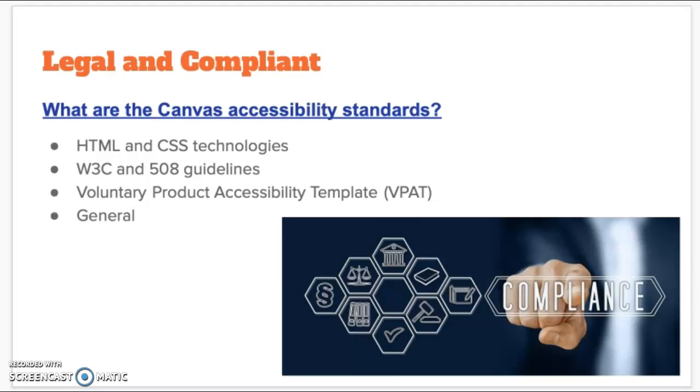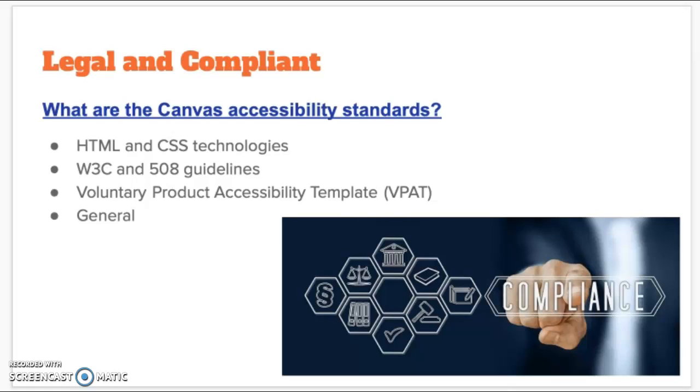Now, legal and compliant for Canvas is good. It has a platform, and it was built using the most modern HTML. It's also committed to the W3C's Web Accessibility Initiative and Section 508 guidelines.